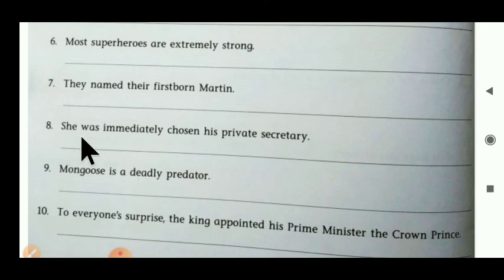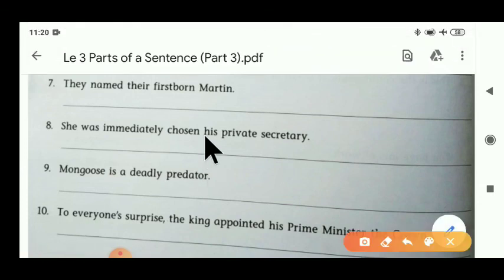Now the eighth sentence. She was immediately chosen his private secretary. So here his private secretary is a complement.